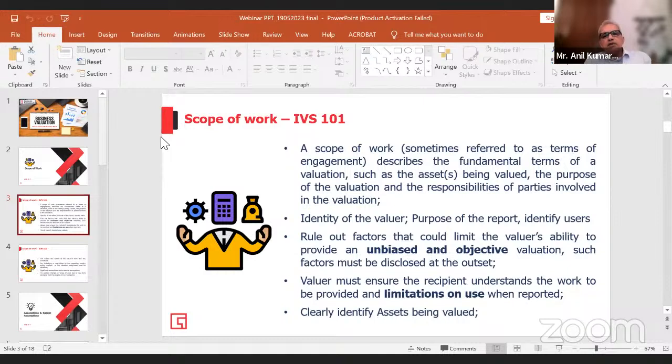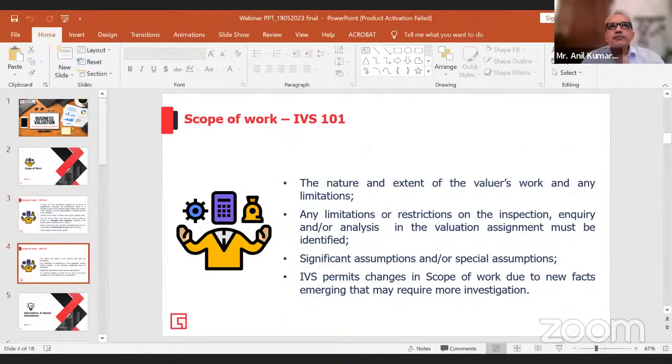So you need to identify those assets, and you cannot impinge into other asset categories. That is another restriction in the scope of work that you need to identify. But of course, there can be an RVE, a registered valuer entity, doing all the three asset categories, and therefore you identify the assets cumulatively, right?